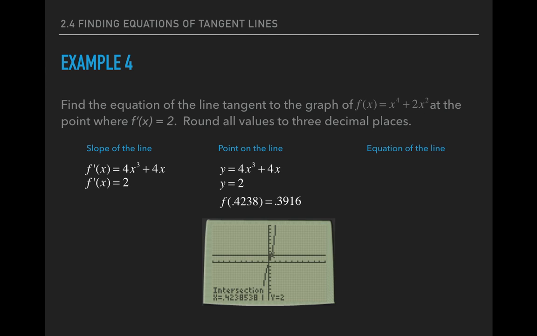And like we've been doing, you plug in the x, the y, and your desired slope. You simplify and solve, and that would be the final equation of the line tangent to our graph where that slope is 2.